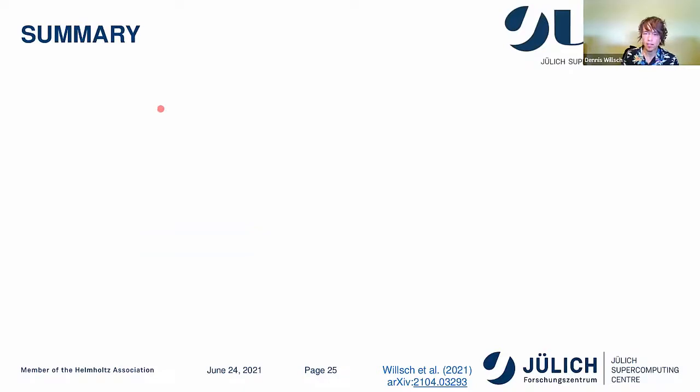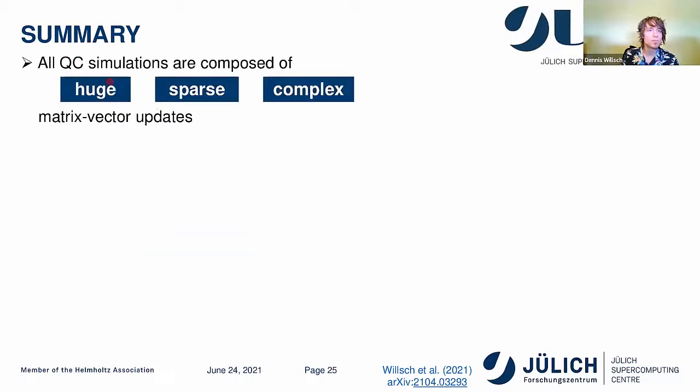Okay, so summarizing, we've seen that all quantum computer simulations are actually nothing else but huge, sparse, and complex matrix vector multiplications.